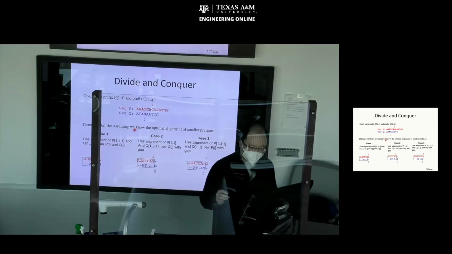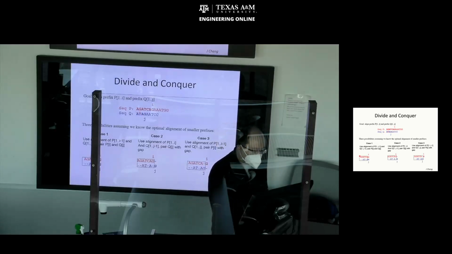Three possibilities, okay? So here, I'm boxing the assumed, already known optimal alignment of the two smaller prefixes. A to A, right? That's right here. P1 through Pi, right? Then ATA, that's Q1 through Qj, right? So let's assume that we already know the optimal alignment.